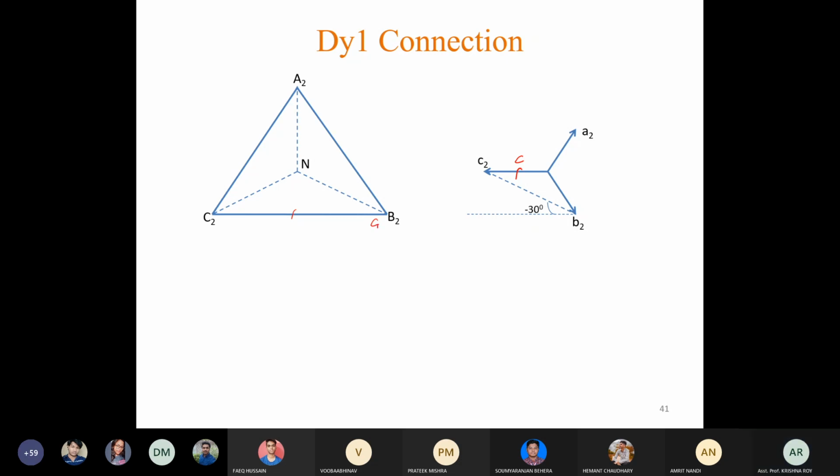Then this one parallel to this side has to be our B phase, and to make it so, this terminal has to be B1. And this one is our A phase, which is parallel to this line, and to make it A phase we assign this terminal as A1. Now the phases are identified.